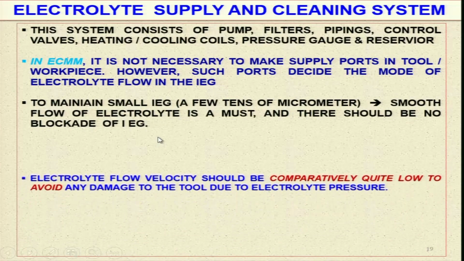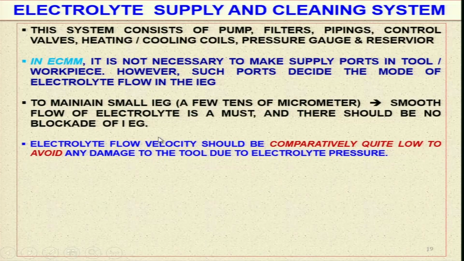Electrolyte flow velocity should be comparatively quite low to avoid any damage to the tool due to electrolyte pressure, because in ECM you have a very large tool which can bear the pressure of the electrolyte.